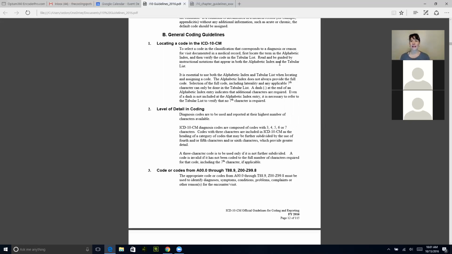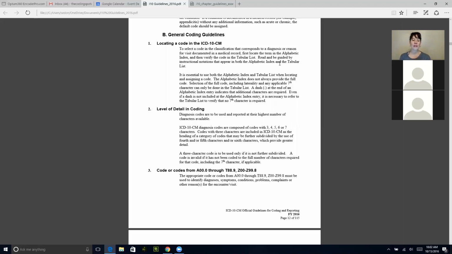But if you go to the ICD-10 guidelines and you go to section B, General Coding Guidelines, in the last WebEx, we covered section A of the coding guidelines, so this is just flowing right along. So we're in section B, general coding guidelines, and my screen is just black and white. It's just taken off of the CMS website, these guidelines. So your book is going to look a little bit different, but it's going to cover it verbatim.